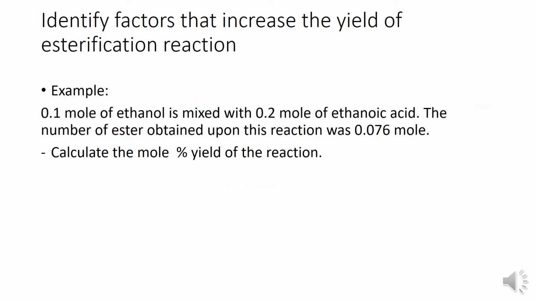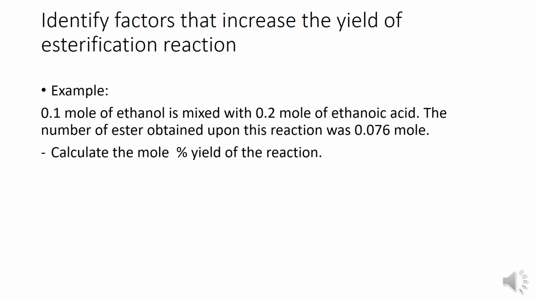Here we have 0.1 mole of ethanol mixed with 0.2 mole of ethanoic acid. As you see here that the number of moles of ethanol is not equimolar to the number of moles of ethanoic acid. The number of moles of ester obtained upon this reaction was 0.076 mole.